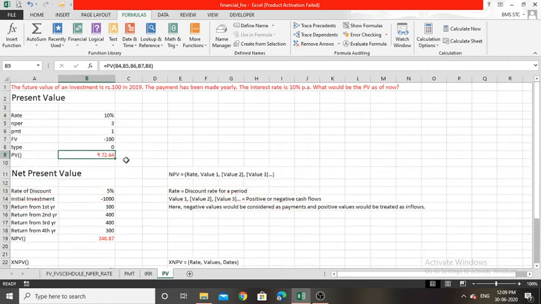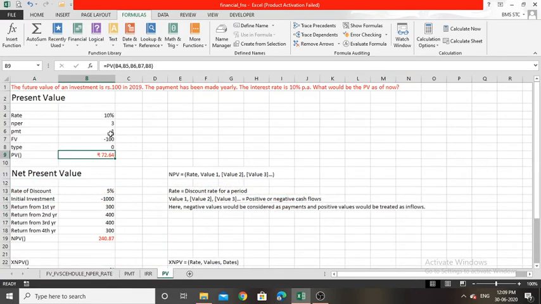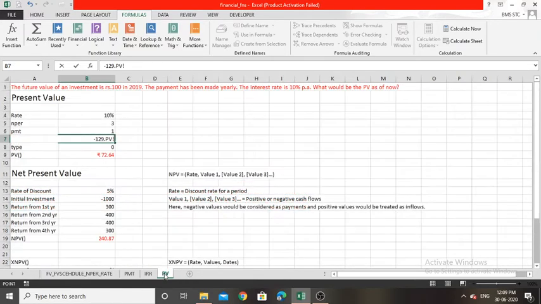If we put 129.79 here, see, the value has changed, so it comes to nearly 100.